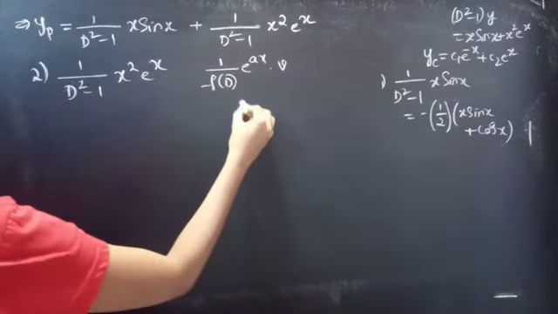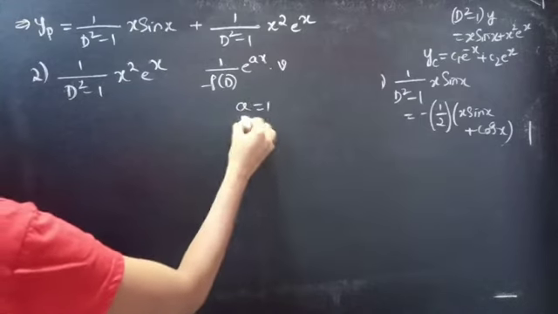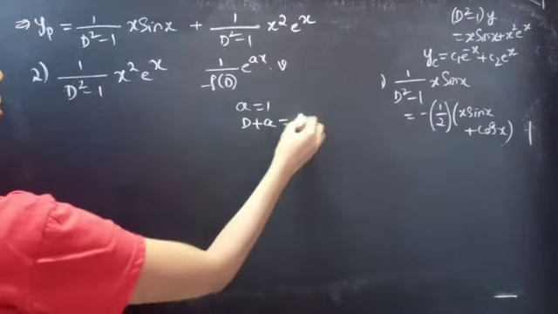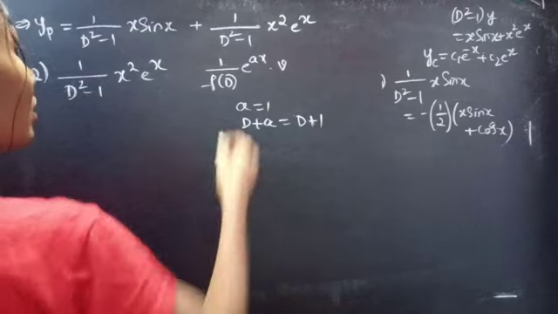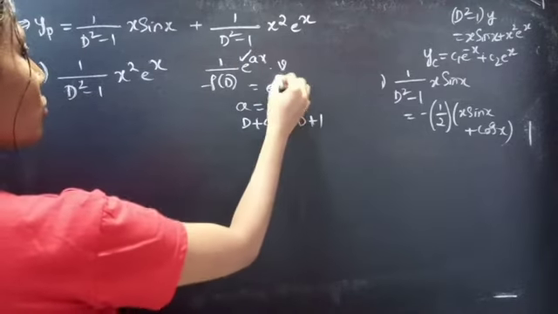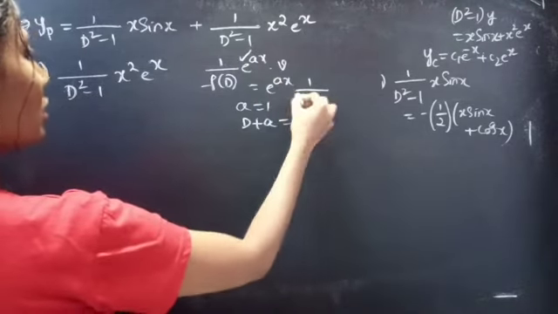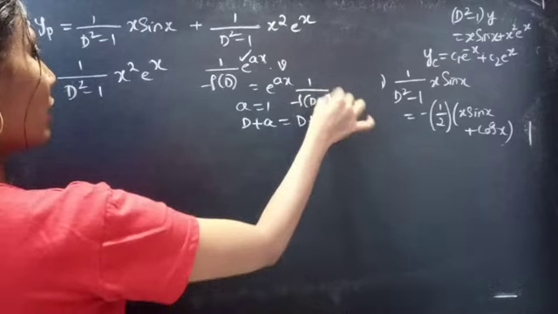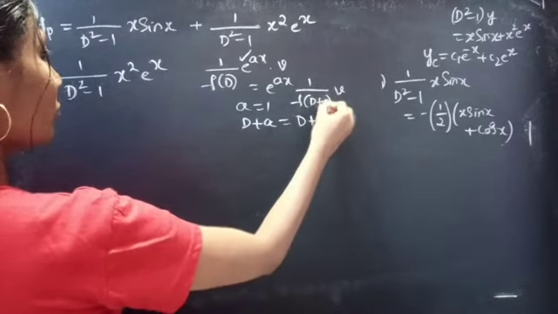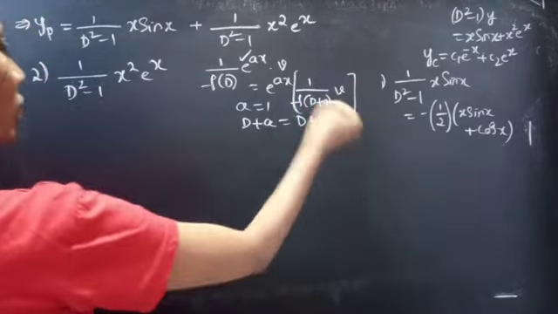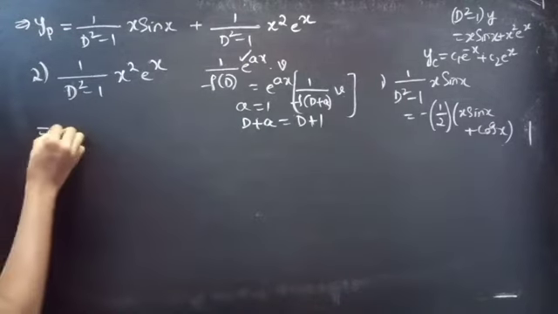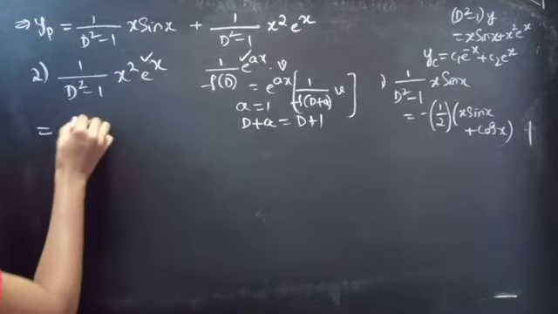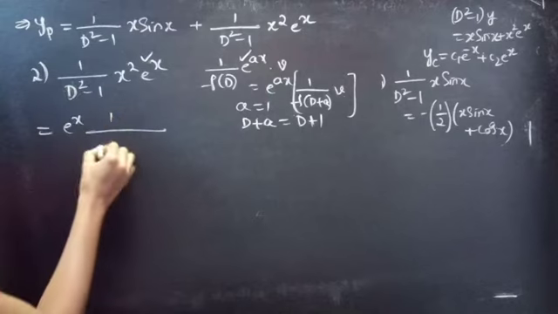Then for a equals 1, we'll find D plus a, which is equal to D plus 1. So we'll shift e power ax towards left by replacing D with D plus a. And later we'll operate v with 1 by f of D plus a. Right? Now shift e power x towards left by replacing D with D plus 1.